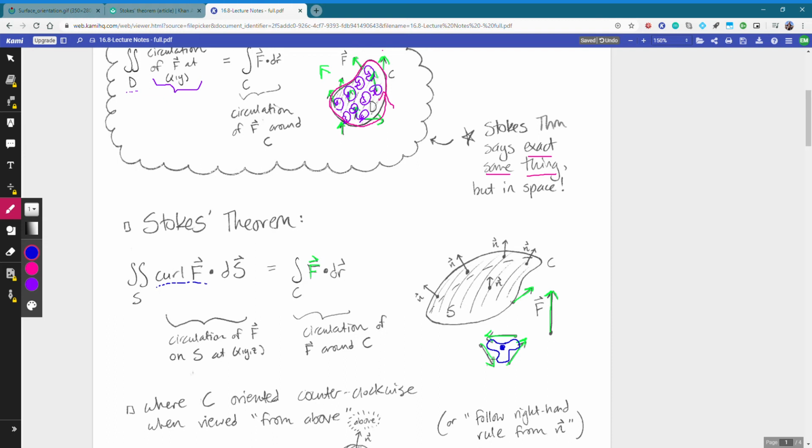And so here, given the green vectors for F, this thing's going to be wanting to rotate counterclockwise. And so thinking about the right-hand rule, the curl vector at this point would be pointing up this way, so that the right-hand rule gives the correct direction of rotation that our fidget spinner would have.